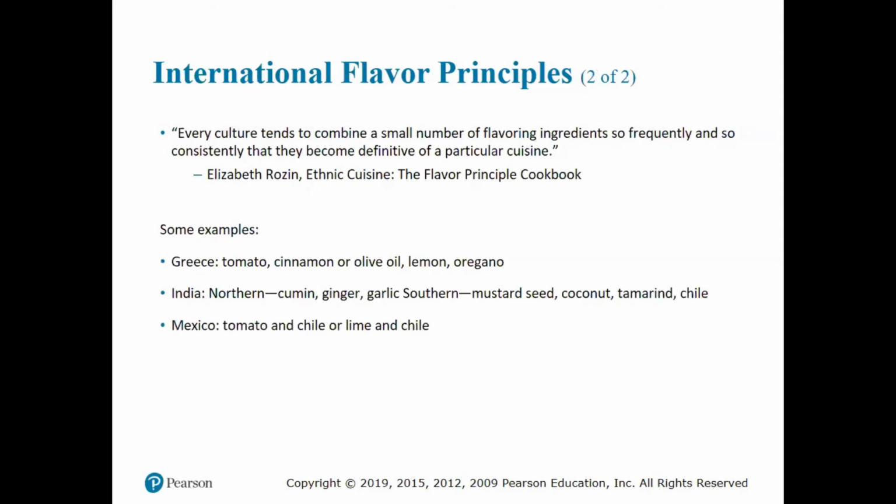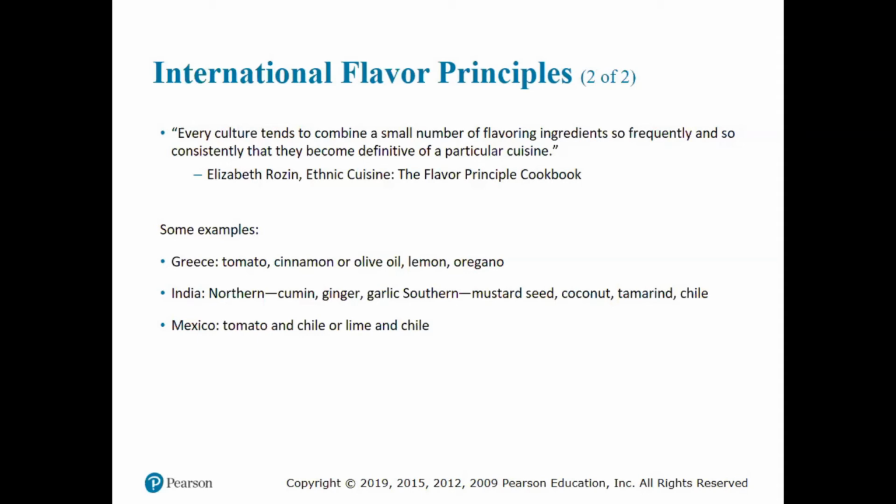From a quote from Ethnic Cuisine, the Flavor Principle Cookbook, every culture tends to combine a small number of flavoring ingredients so frequently and so consistently that they become definitive to a particular cuisine, which makes sense when you think about it. For example, Greece: tomatoes, cinnamon, olive oil, lemon, and oregano are all indicative of Greek cuisine.